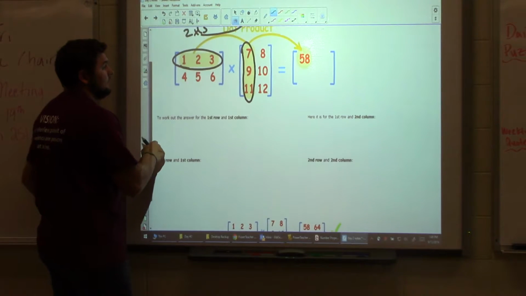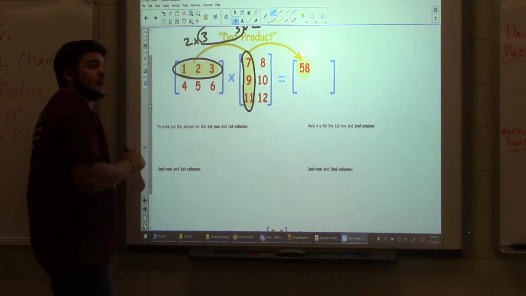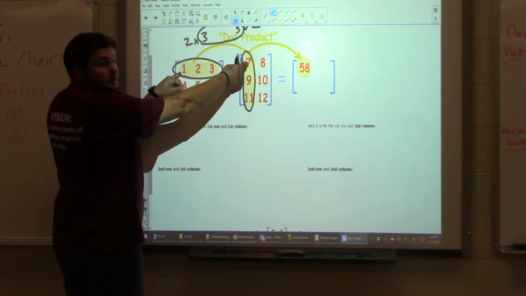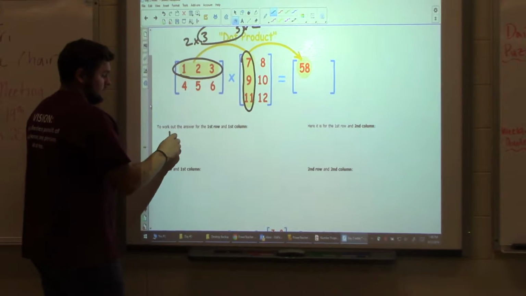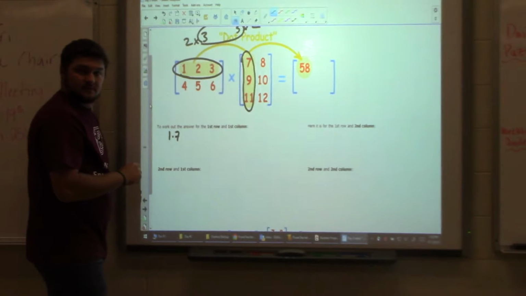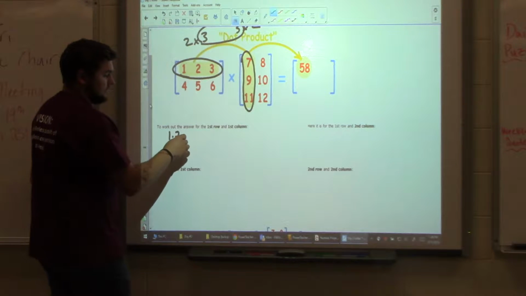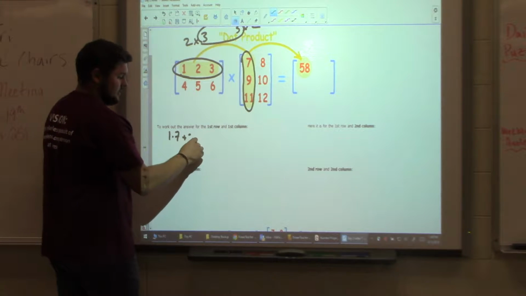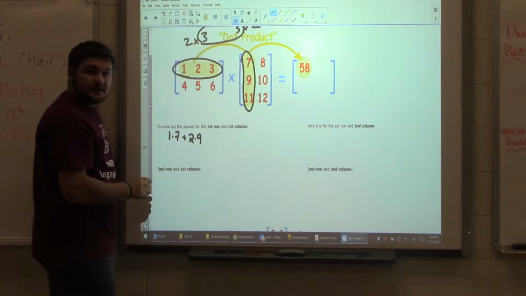So, how are we going to do that? Doing the dot product, you take the first number in the row times the first number in the column: 1 times 7. Then I add the second number in the row times the second number in the column: 2 times 9.